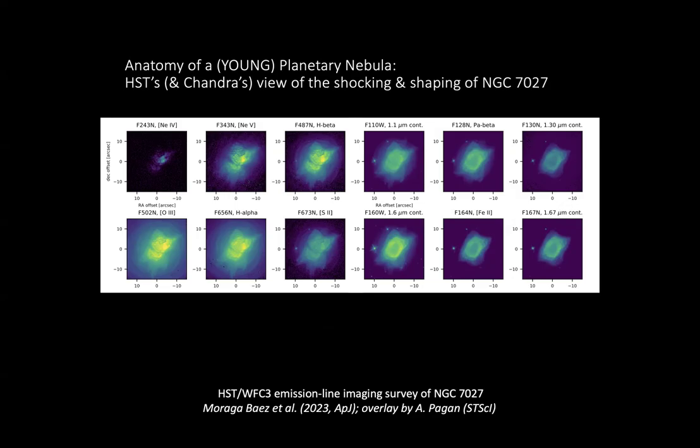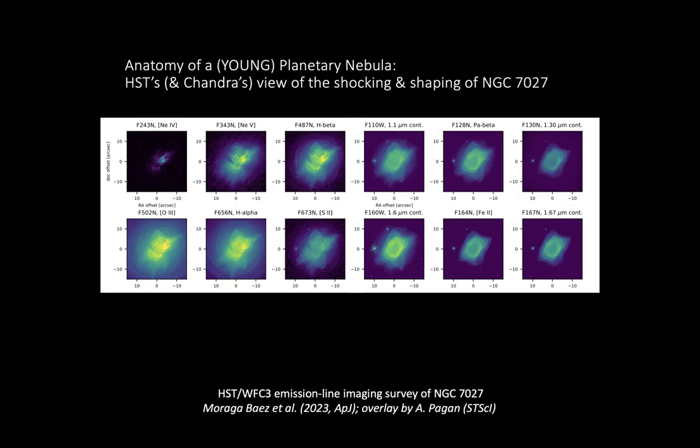So we threw the entire arsenal of filters that the Hubble Space Telescope Wide Field Camera 3 has at this planetary nebula and one other, the Butterfly Planetary Nebula, in order to see its nature in a bunch of different emission lines that isolate both different elements in the planetary nebula and different states of excitation of the gas.